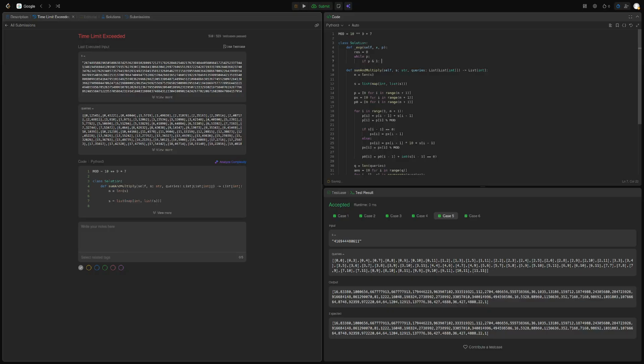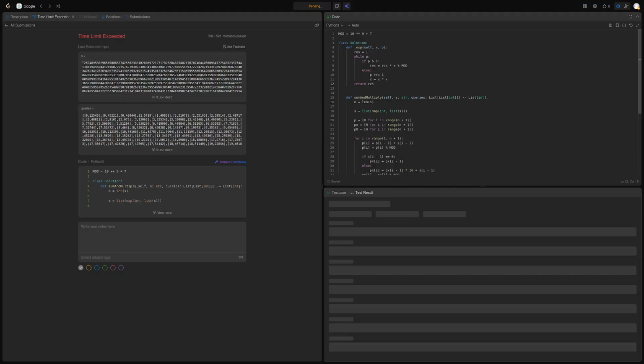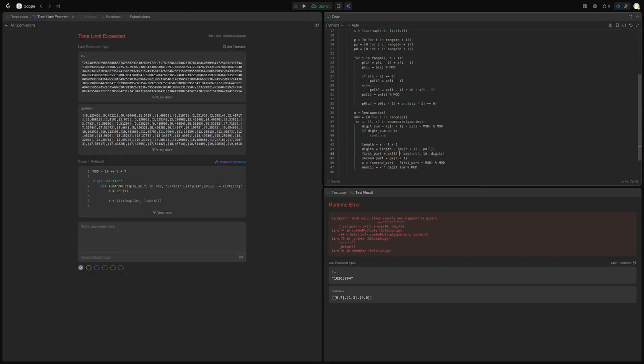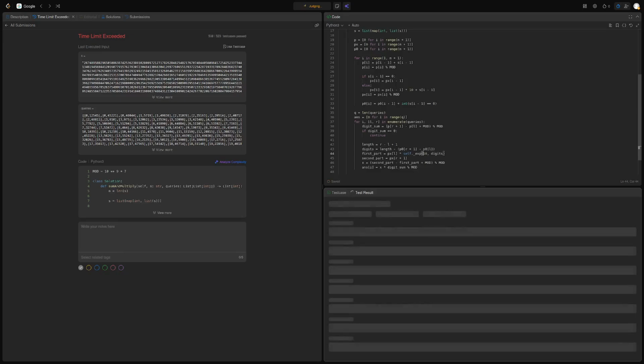So if power is that, then result is result times x percentage mod, otherwise... yeah, I had a mistake in this calculation, I think.